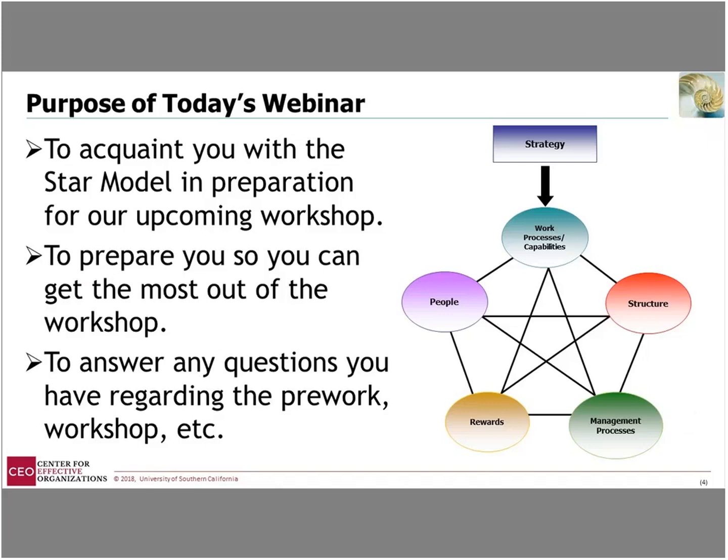That's how these pre-webinars came up, so that we can give you a quick overview of the STAR model, which is the one we'll be using. We want to talk a little bit about the things you can do to get the most out of the workshop, and then answer any questions that you have about the pre-work, the cases, the reading, and the workshop itself.